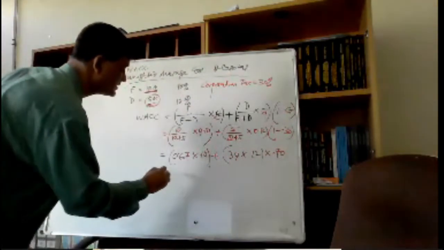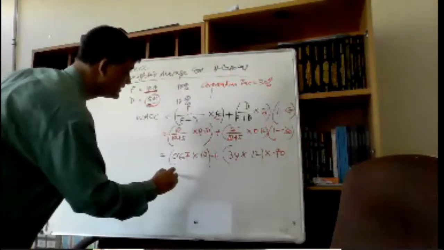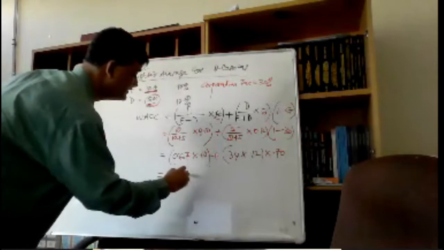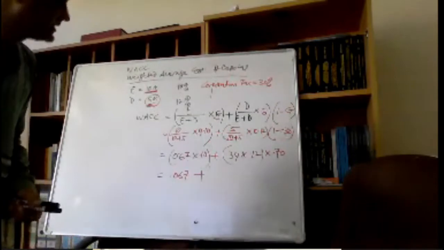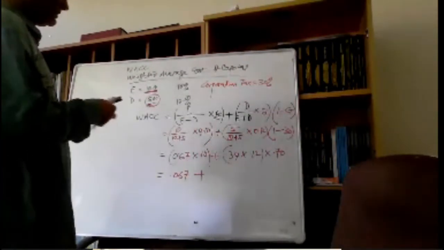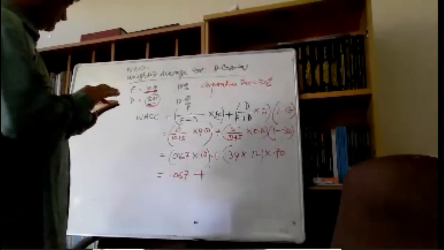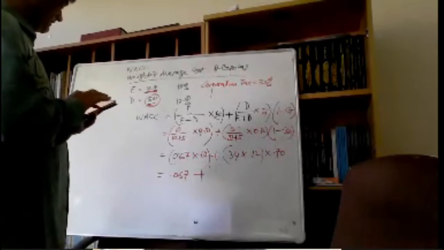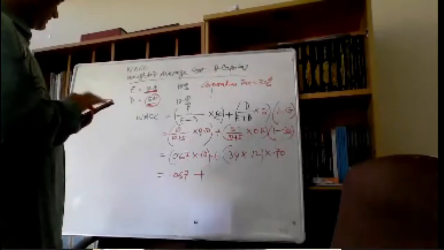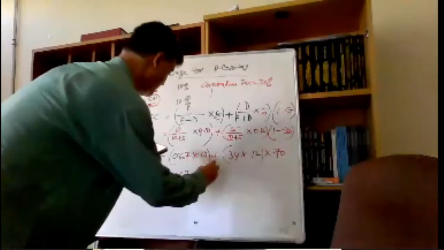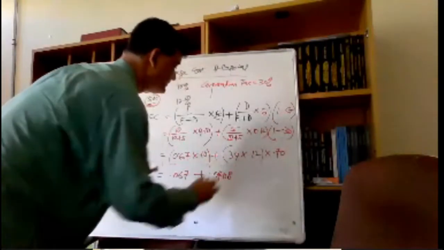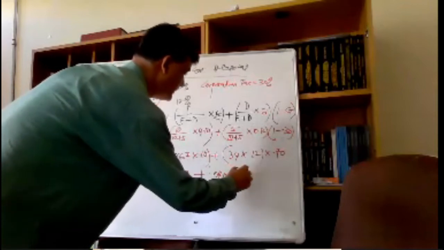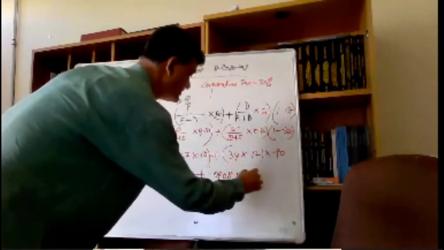Okay, so now here is 0.067, and here I forgot how much you got last time. 0.34 multiply 0.12 gives 0.0408, and then multiply 0.70.